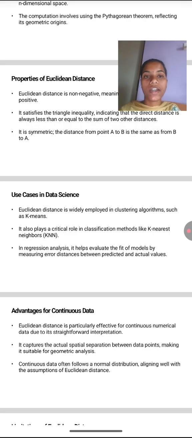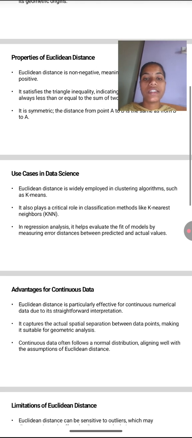One point is given, and based on that point every other point is compared to identify the nearest data points. In regression analysis, it helps evaluate the fit of models by measuring the error distance between predicted and actual values.